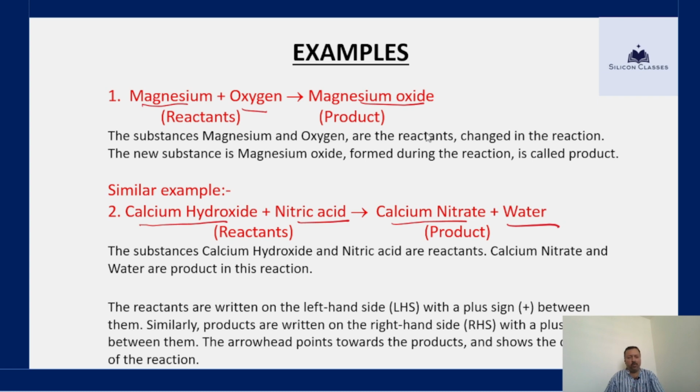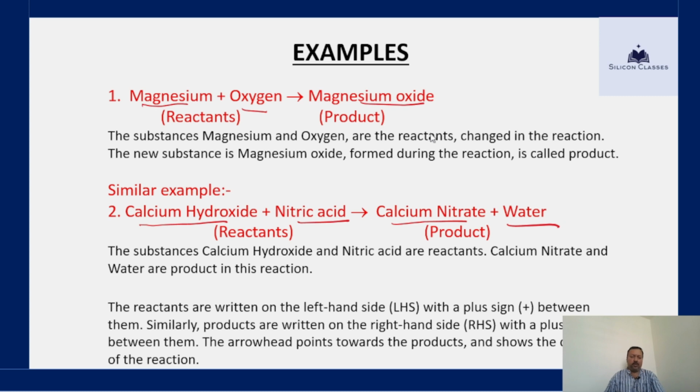So there will be no similarity of the properties for product and reactant. How to write a chemical equation? The reactant should be mentioned in the left hand side of the chemical equation, and two or more reactants should be separated by plus.